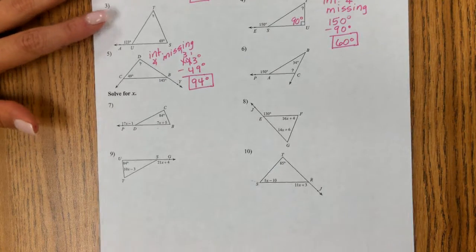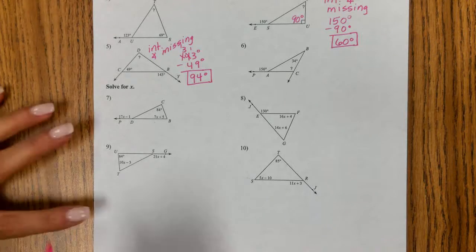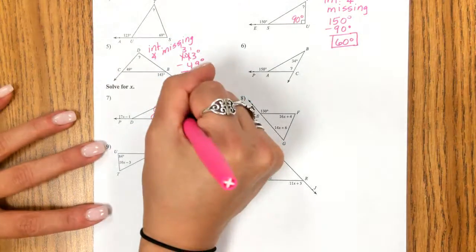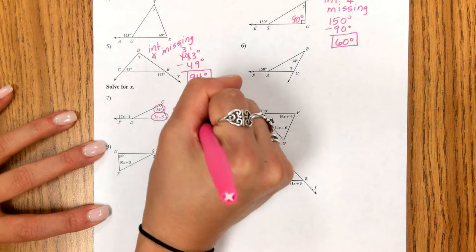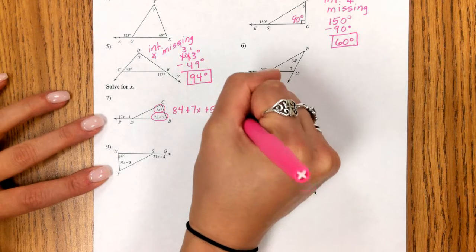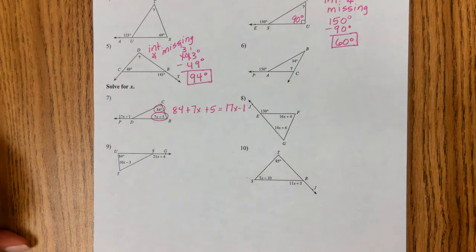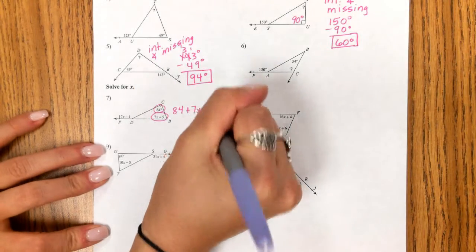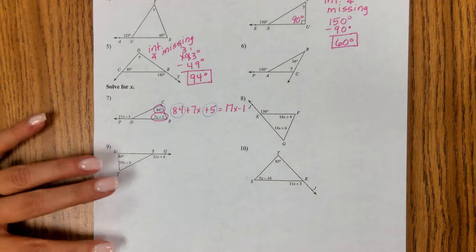Okay, so at the bottom, again, we have some more algebra. Remember that these two together on the inside equal the outside angle, so we would add those together, and that should result in 17x minus 1. Okay, so my first step again would be to combine my like terms. 84 plus 5 is 89.